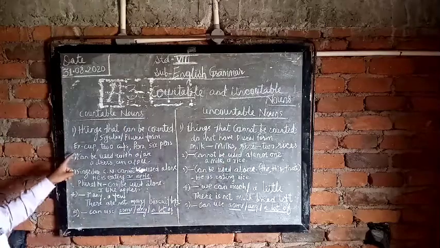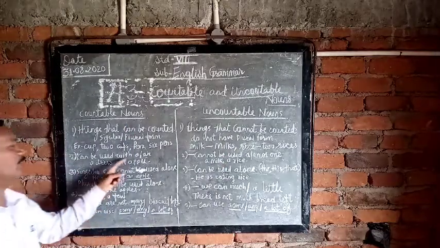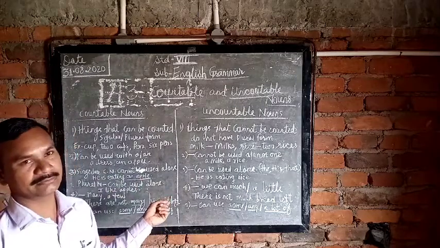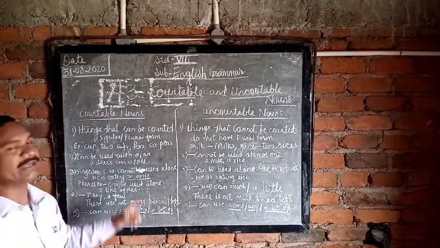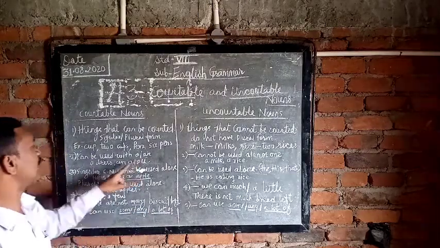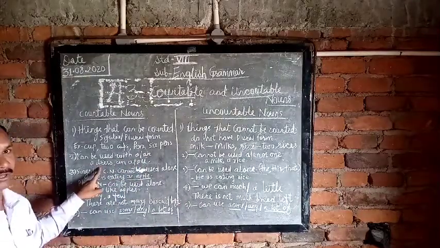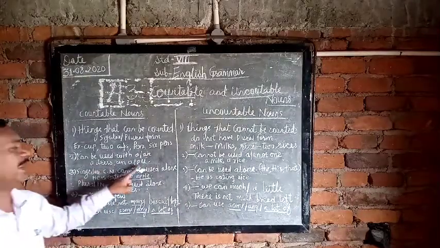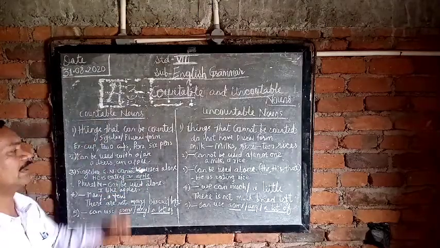Okay. Now second, countable nouns can be used with a and an. This is the need of that; we have to use a and an. Example: a dress, an apple. These types of words we write with countable nouns.